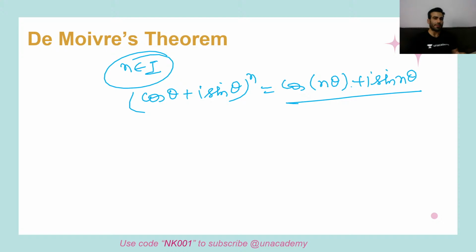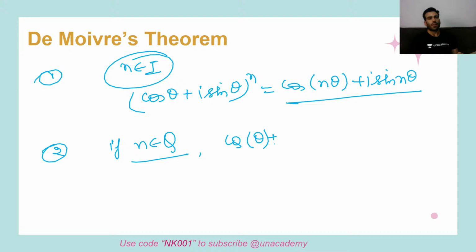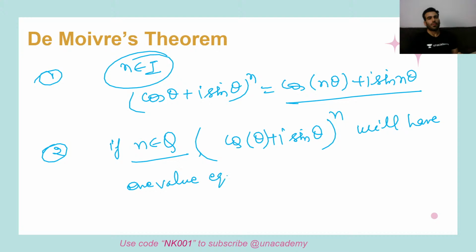This is a fun statement. You can prove it very easily using either form. The second statement says, if n is not an integer and belongs to rational numbers, then cos of theta plus iota sine of theta raised to n will have one value equal to cos of n theta plus iota sine of n theta.